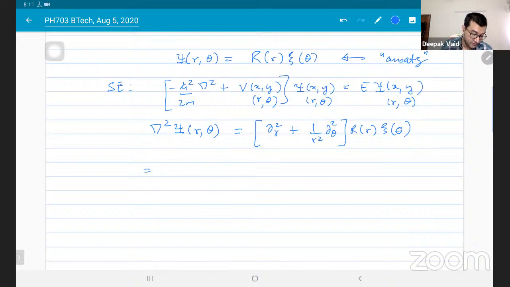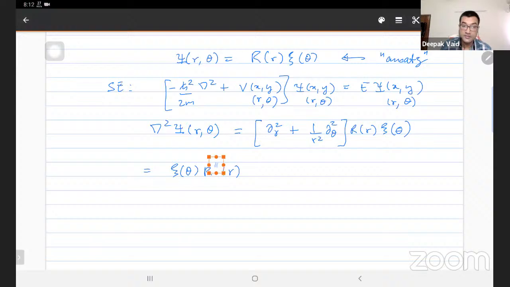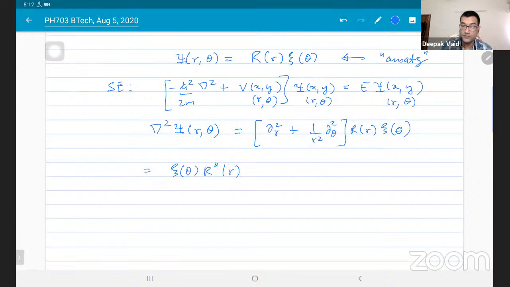So the first term we can write as Theta times R double prime, where the prime is the first derivative and the double prime is the second derivative. The next term is 1 by r squared, then this is just R, and then the second derivative of Theta.